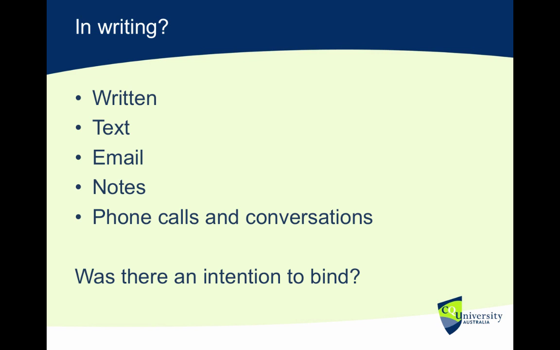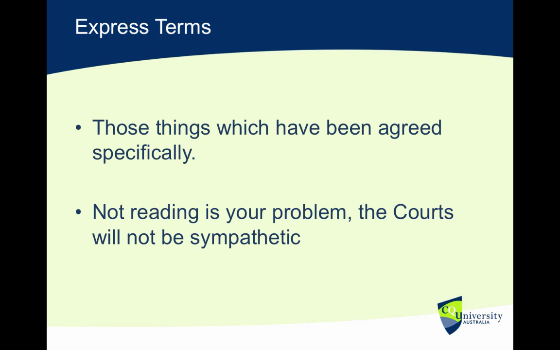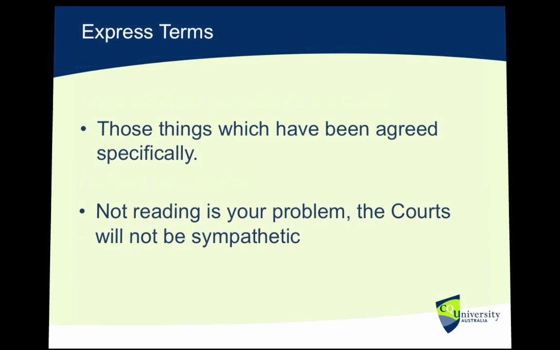And the textbook makes the point very well that the clearer that the express term is, the more likely it's going to be enforced. The more vague it is, the less likely it'll be seen as a promise. So just bear that in mind, that all those bits and pieces make up the express term of a contract, but not all of them are going to be binding.